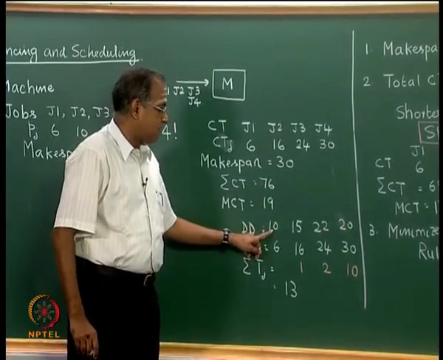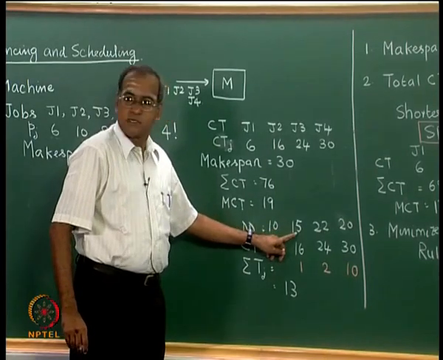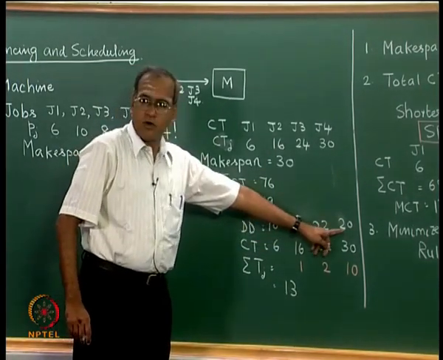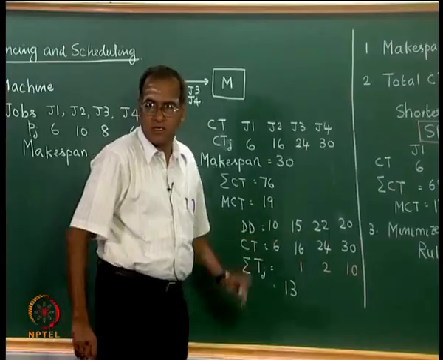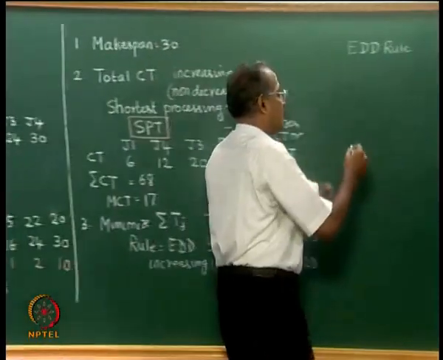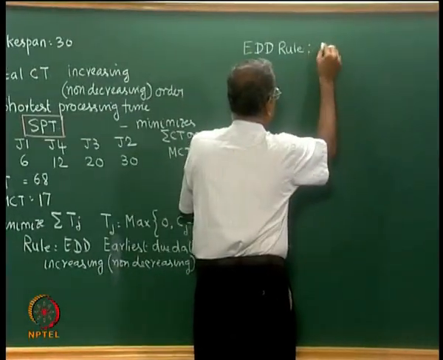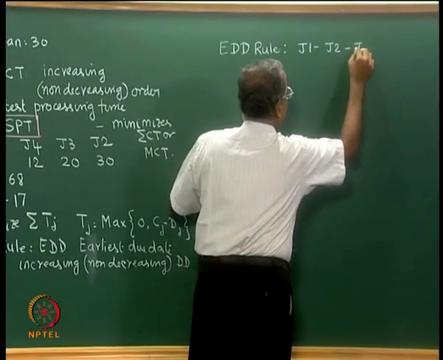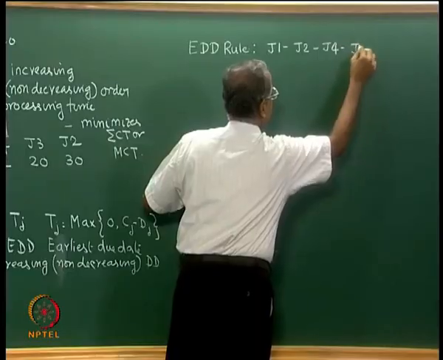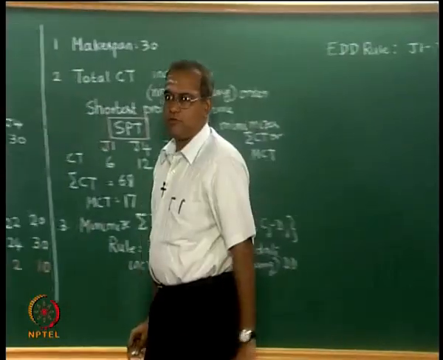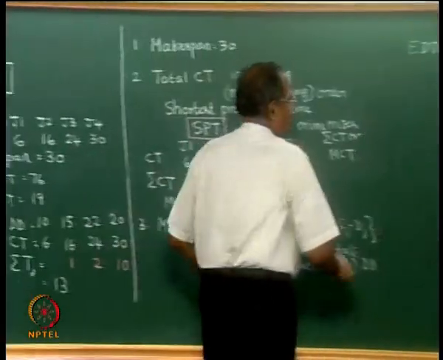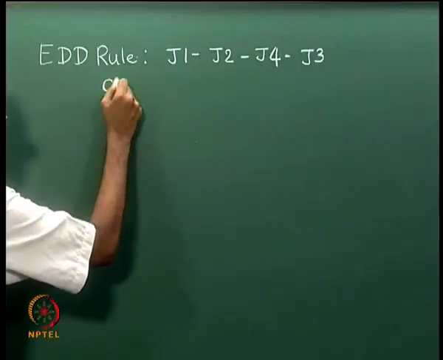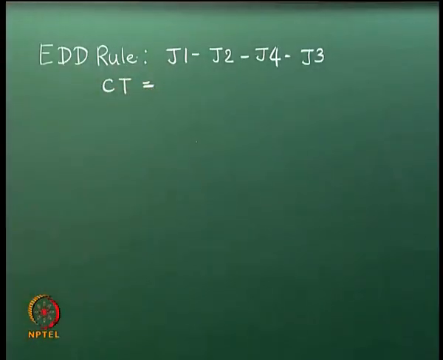So job 1 comes first, job 2 comes second, job 4 comes third and job 3 comes fourth. So based on the earliest due date rule, the order will be J1 first, J2 second, J4 third and J3 will be the fourth.